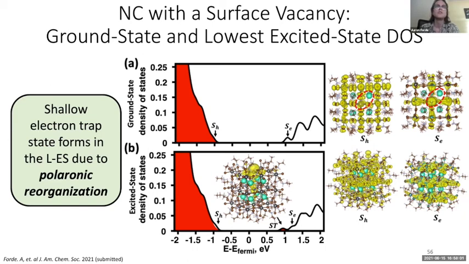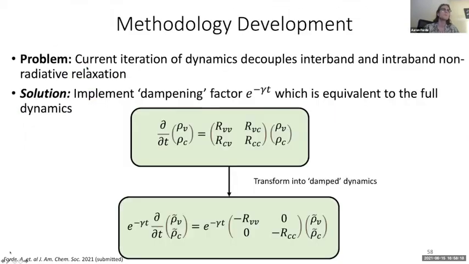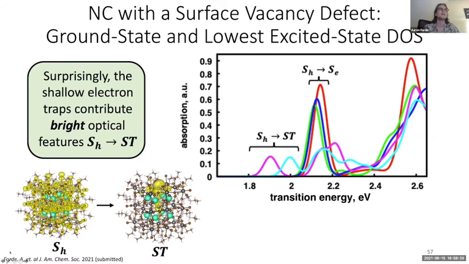So we see that there's a trap state. And then the interesting observation is that from computing the absorption spectra, which is from the transition dipoles shown earlier in the method section, these trap states actually introduce some relatively bright optical features.